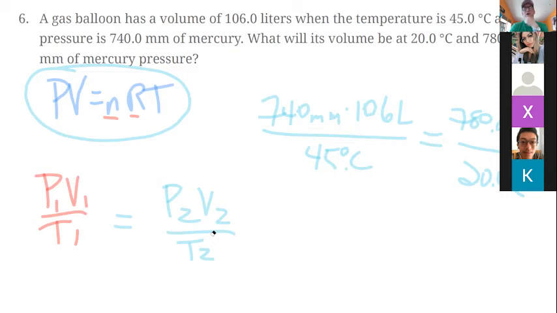Because I'm not dealing with R. Why do I have to have the right units? Because the temperature in the ideal gas law is Kelvin. So I think we need to convert the Celsius to the Kelvin. We do, but why do we have to? You're right. We do have to convert to Kelvin. But why do we have to do that?